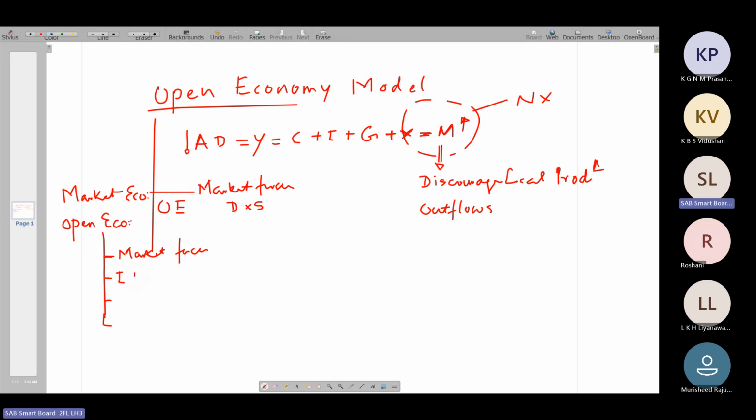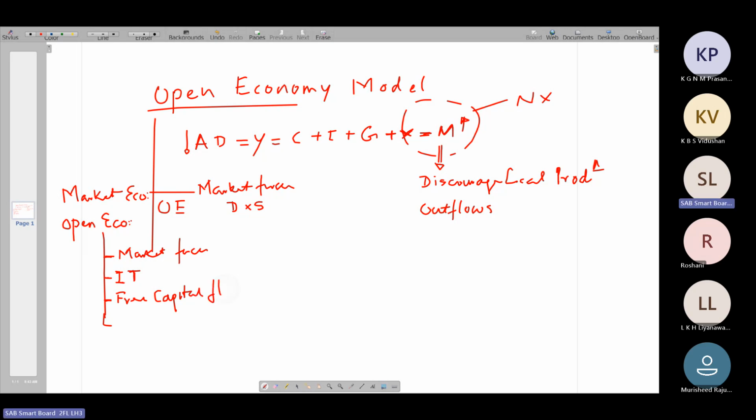Apart from that, there is international trade, basically free trade. Trade flows freely, without any government restrictions, between the nations. And the other feature in an open economy is free capital flows.